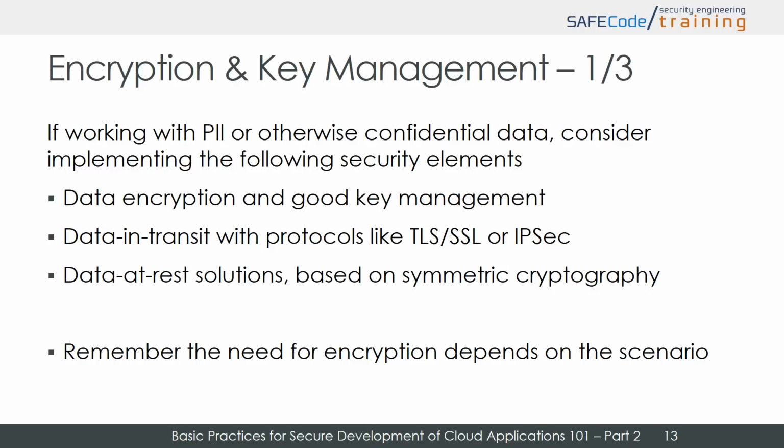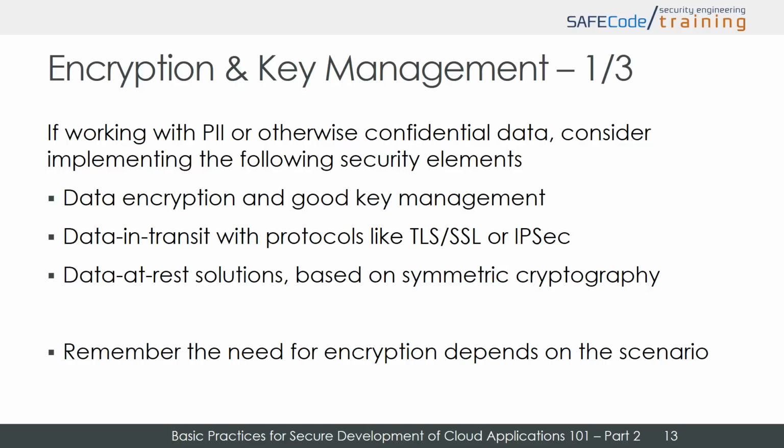Data-at-rest solutions are often based on symmetric cryptography. Within an application, it is necessary to encrypt a file or database entries. In another scenario, it could be a requirement to encrypt data when it is written to storage, when data leaves the storage, or to encrypt the whole disk. Given this diversity of scenarios, multiple solutions must be applied within an application or within the environment.